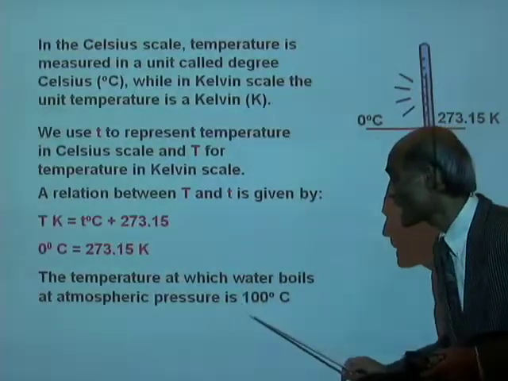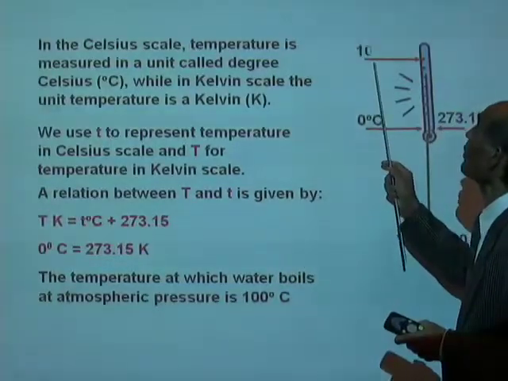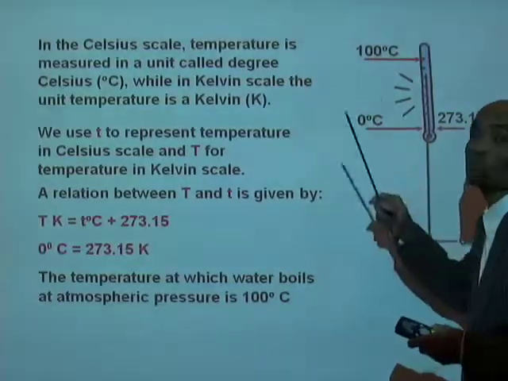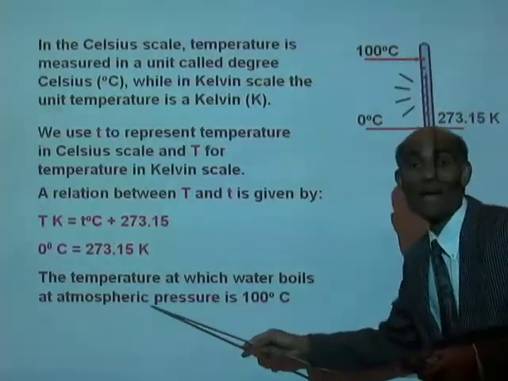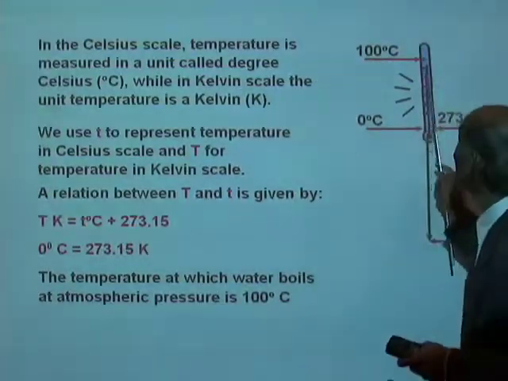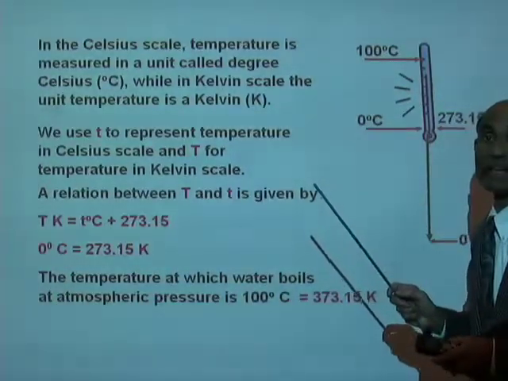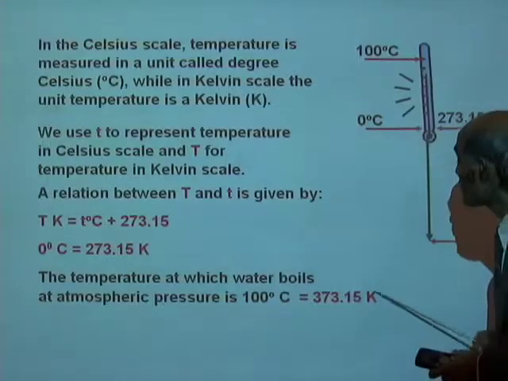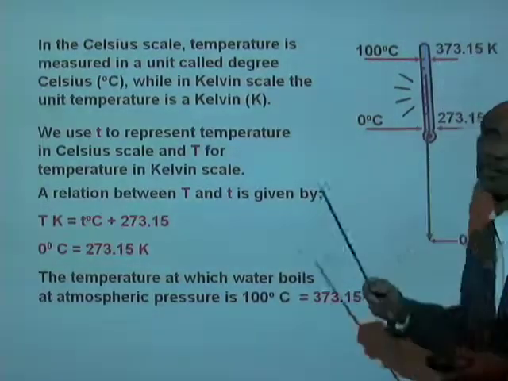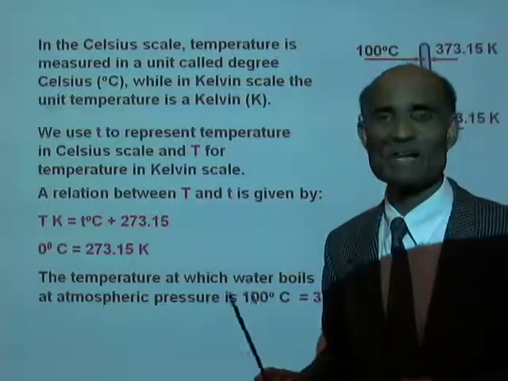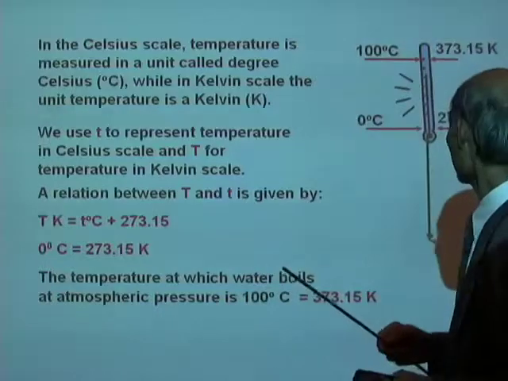In the Celsius scale, it happens at 100 degrees Celsius. So 100 degrees Celsius is the boiling point of water at normal atmospheric pressure. And what is the corresponding temperature in Kelvin scale? In the Kelvin scale, it will be 373.15. So most of these you know already, but keep these things in mind, very important as we go on.